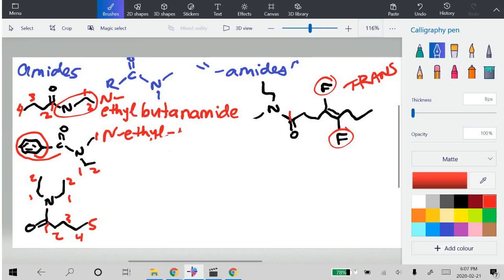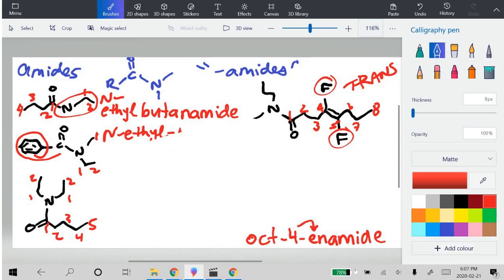So let's number 1, 2, 3, 4, 5, 6, 7, 8. So on carbon number 8, oct for 8, I have a 4-ene because there's a double bond and an amide functional group in this molecule. I just have to put the 4 because that's the carbon where my double bond is on.